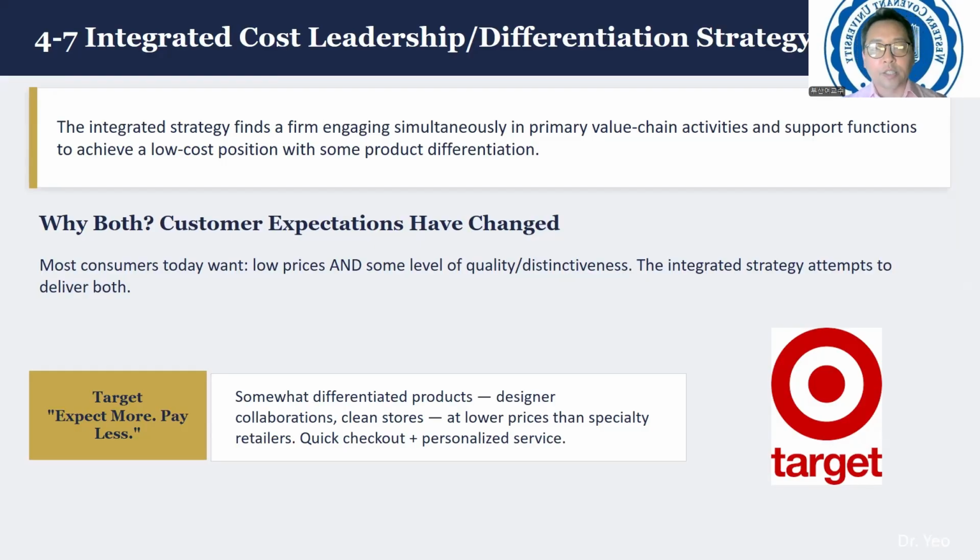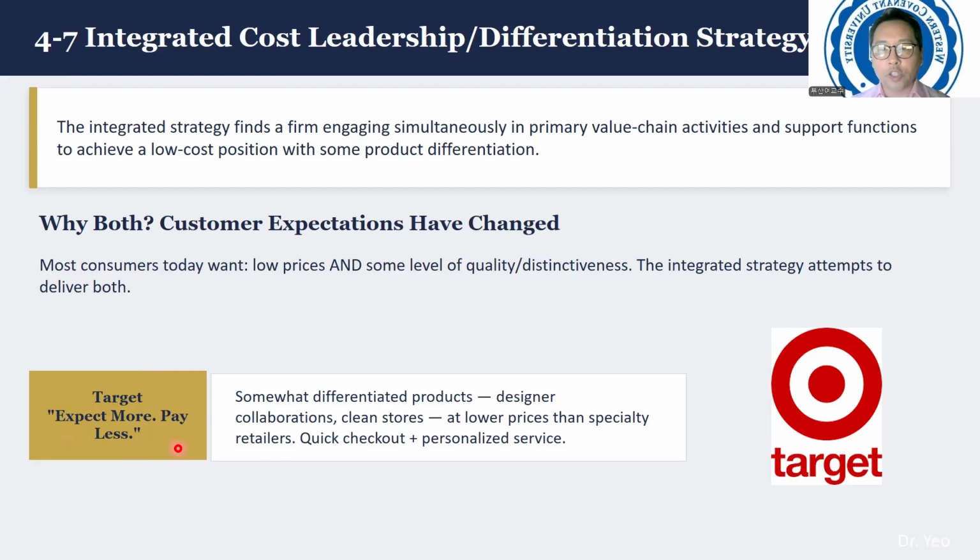So Target is a great example in this context. Their tagline says it all: expect more and pay less. Target offers somewhat differentiated products.